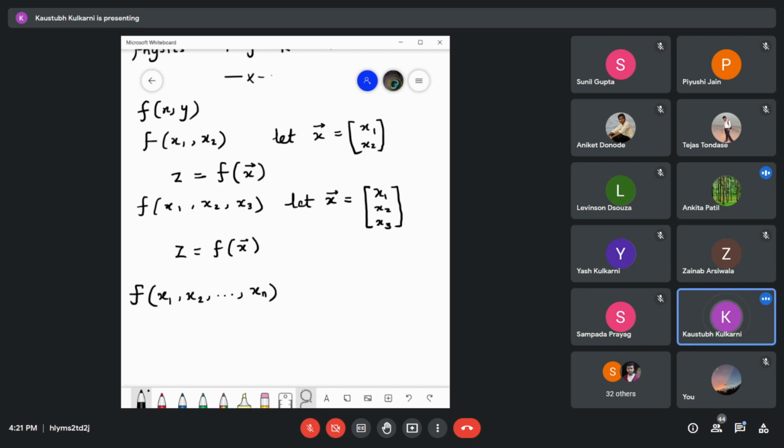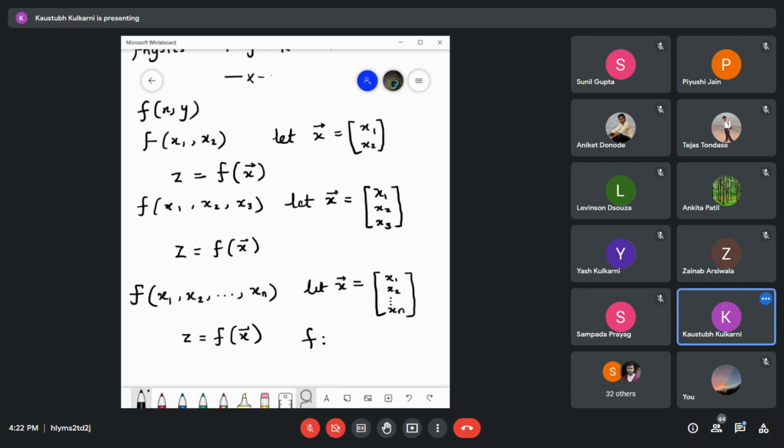In general you can define the x vector as x1 x2 up to xn, and z is equal to f of x.